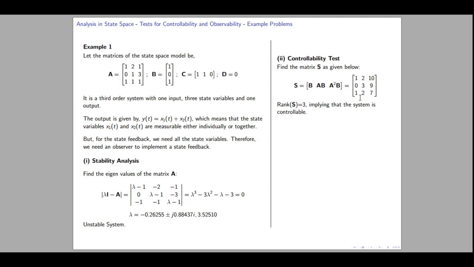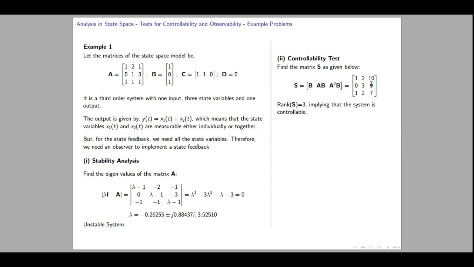The other way to find the rank of a matrix is to reduce this matrix to a row echelon form. Row echelon form is an upper triangular matrix with all ones in the main diagonal, using elementary transformations.